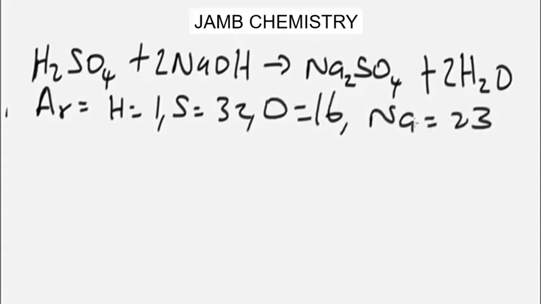So use this information to solve this question. Let's do it together. Now, to show that there is conservation of mass, we need to add the relative formula masses on the left hand side of this equation and also on the right hand side of this equation.